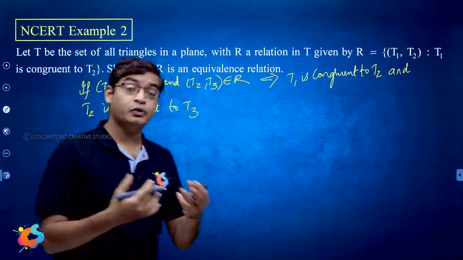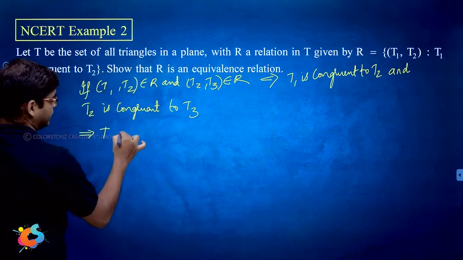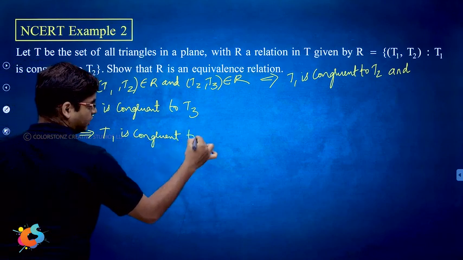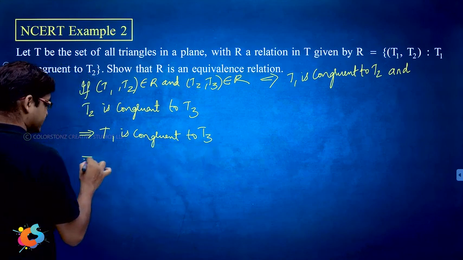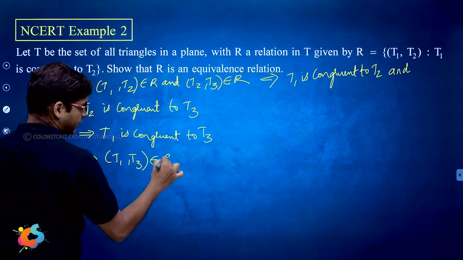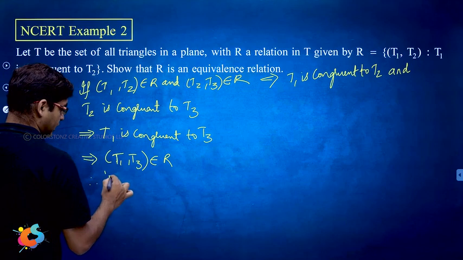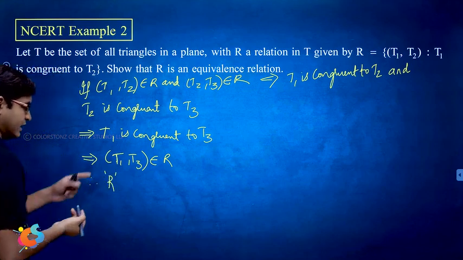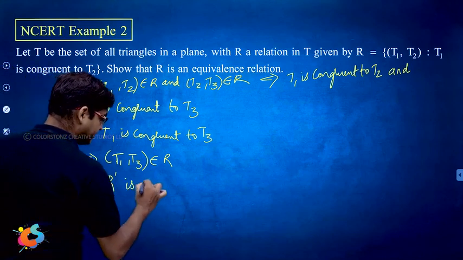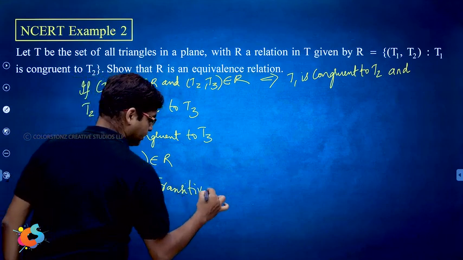Now if T1 is congruent to T2 and T2 is congruent to T3, implies T1 is congruent to T3. Implies T1 comma T3 belongs to our relation. So that's it. Therefore, R is a transitive relation. Otherwise, it is not needed also.